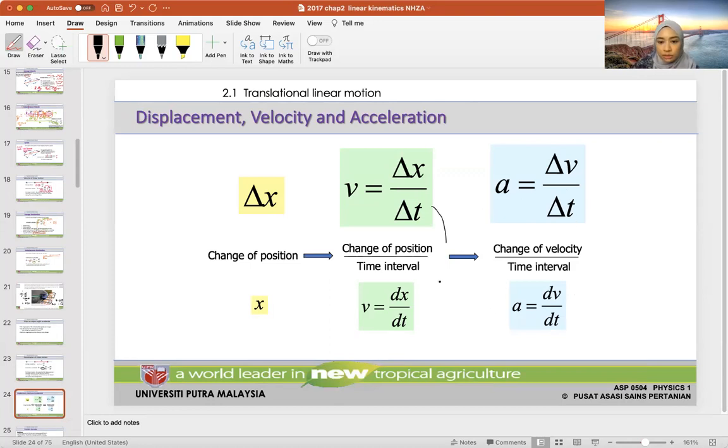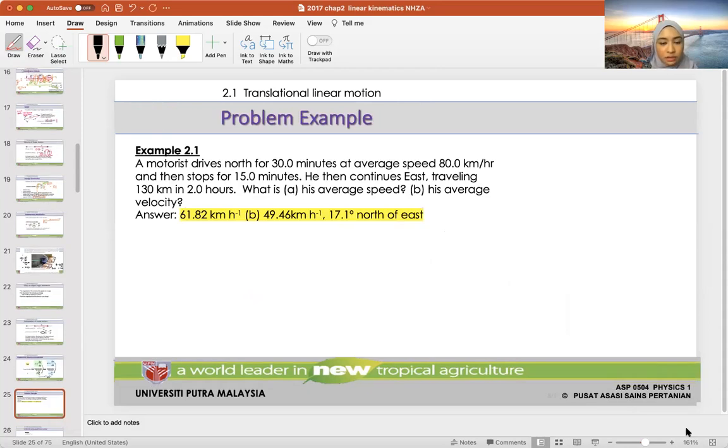This can also be written this way, but typically we focus on this for graphs. The mathematical notation D indicates a small change. Change, right, delta is also change. That's why it's equal. Okay, so let's try this example.